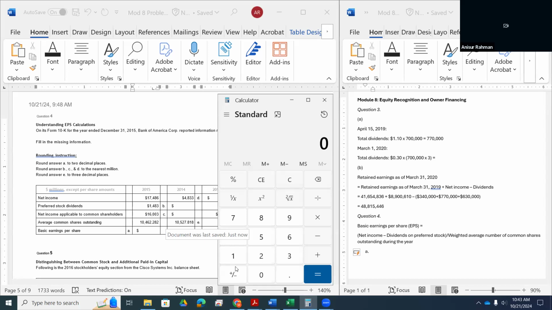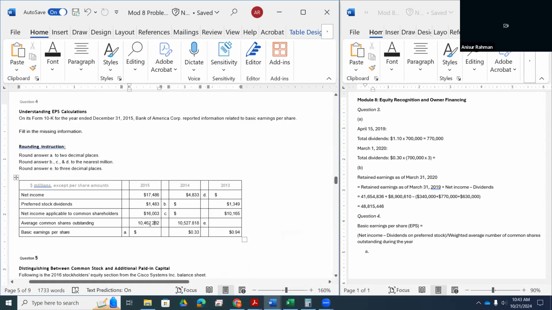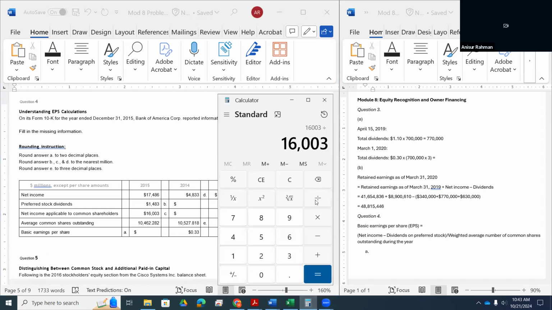So 16,003 divided by, there is a decimal, I couldn't see this decimal. So when you convert this into millions, it will be divided by 0.010462282.